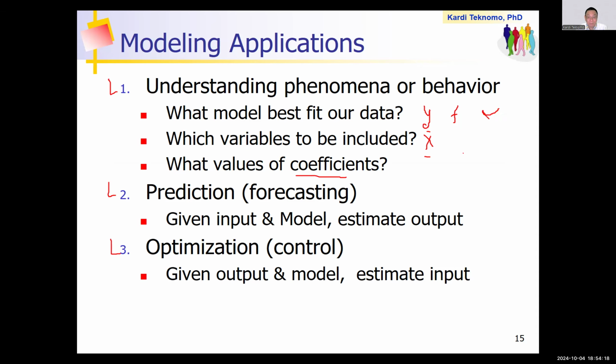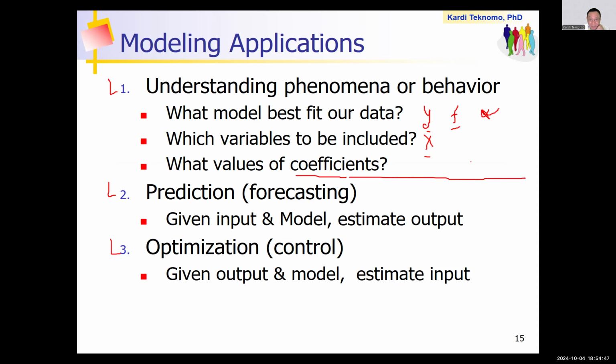So level 1 is to understand your own data. From there, you can try what model will be the best fit. So you have the input, the output, the model, and the parameter, the value of the coefficient alpha.